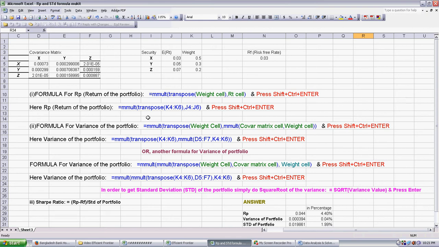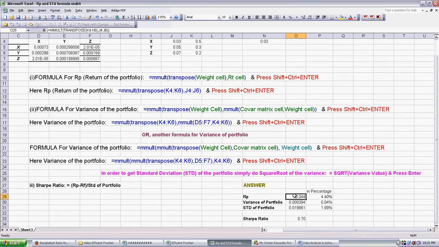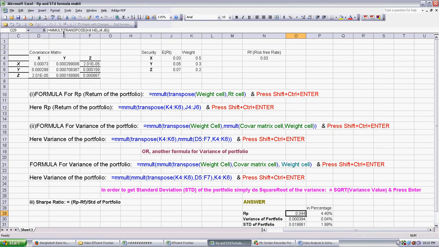Okay, so here we have already found the return of the portfolio. Here you can see we have used this formula. So we pressed the equal to button, then MMULT, then first bracket, then TRANSPOSE, then we need to select the weight cells. This is the cell range that describes the weight.